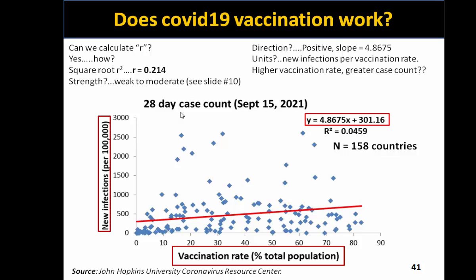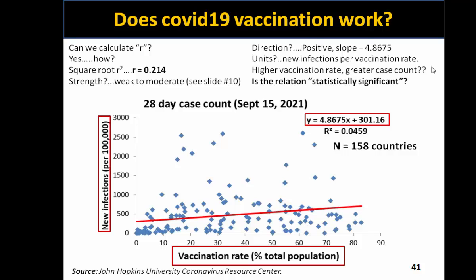And so that would seem counterintuitive to the suggestion that vaccination has been a strong mitigation factor for new SARS-CoV-2 infections. But now, by examining the scatter, given that the R value is quite low, we might wonder if our conclusion is tenable or not.